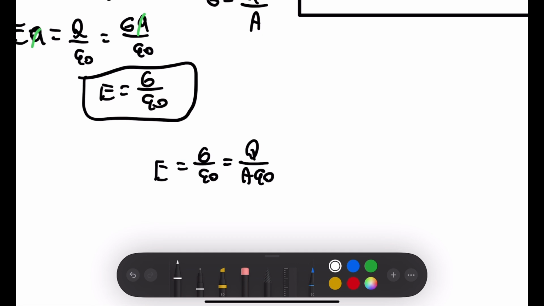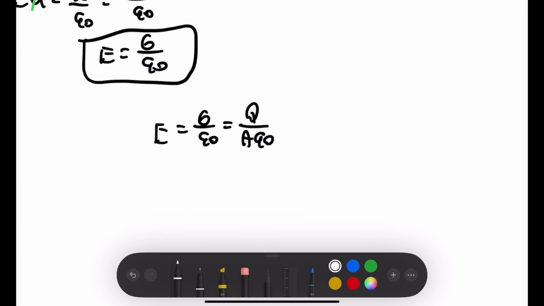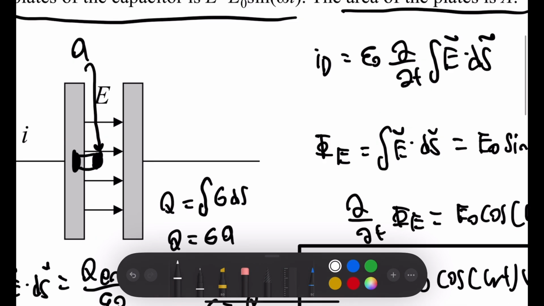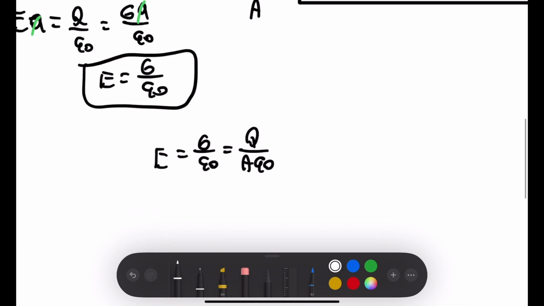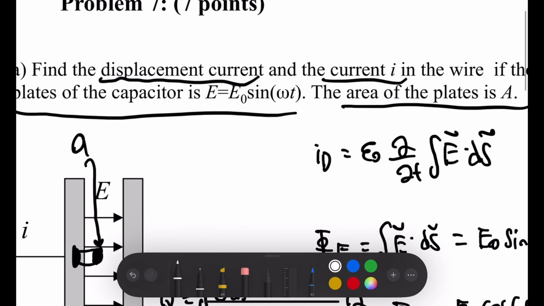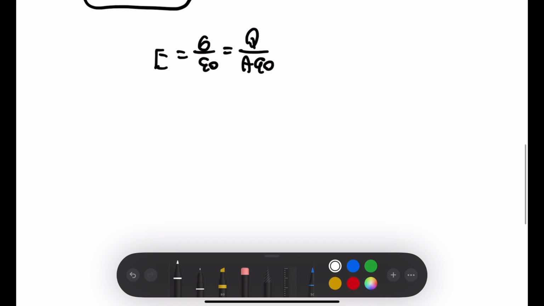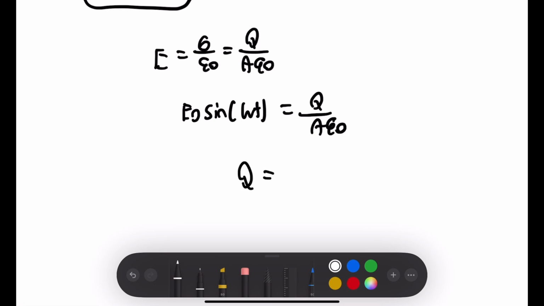And I know what the electric field is, right? The electric field was given to me as E naught sine omega t is equal to Q over area epsilon naught. And then I just multiply by area epsilon naught on both sides, and I solve for Q.